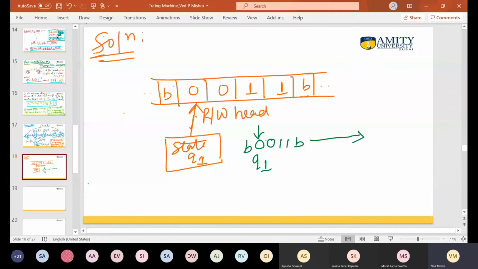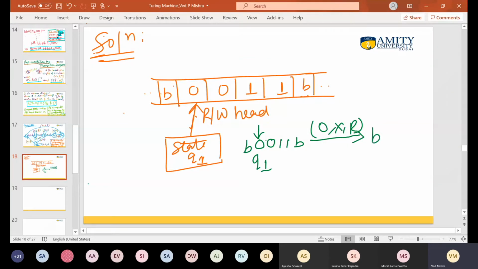So you will write here 0XR. 0 is becoming X and you are moving one right.